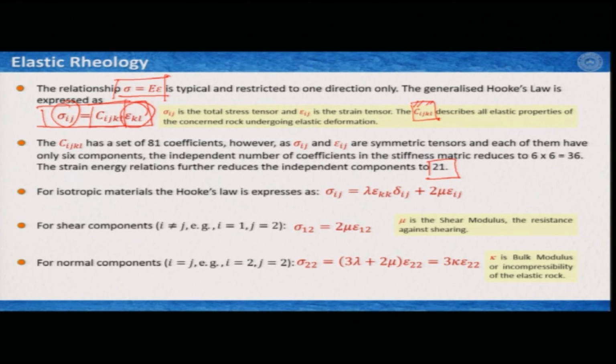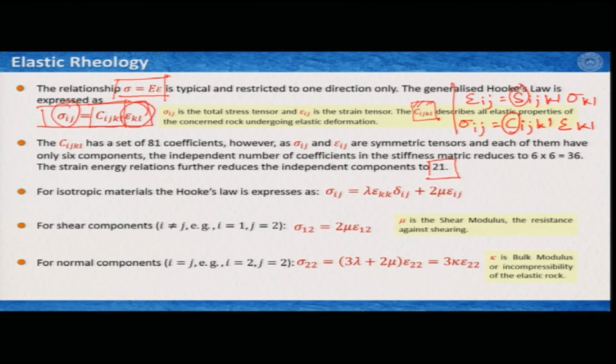Now, if this equation is written in this form, sigma ij equal to Cijkl epsilon kl, you can also express it in terms of strain. So, instead you can write epsilon ij equal to Sijkl sigma kl. Now, C is known as the stiffness matrix, and here S is known as the compliance matrix.